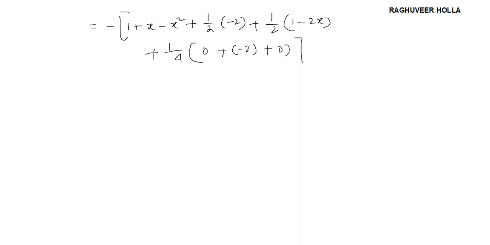So if I try to simplify further, I would get minus outside. I get 1 plus x minus x square minus 1 plus 1 by 2 and minus x and minus 1 by 2.